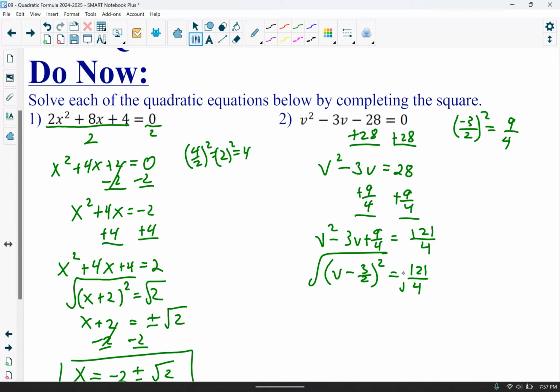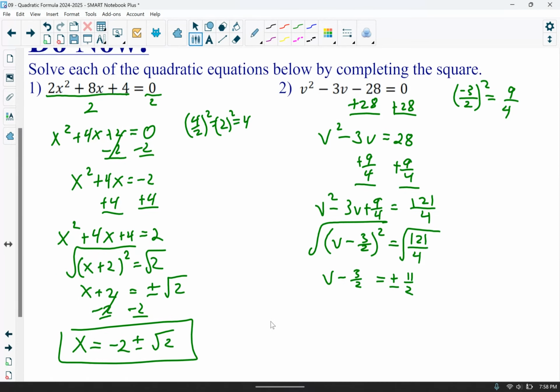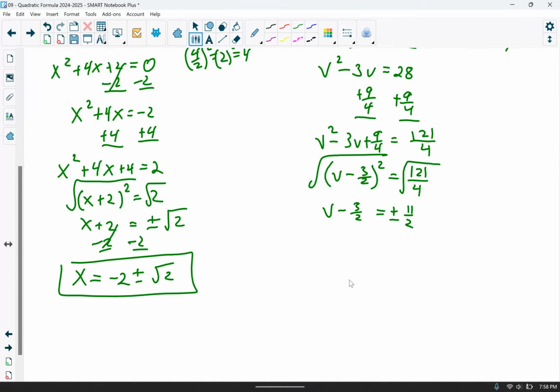Now we can take the square root of both sides. So we get v minus 3 over 2. 121 is a perfect square, so is 4. Square root of 121 is 11. Square root of 4 is 2. So this is going to be plus or minus 11 over 2. We're going to split into those two cases.